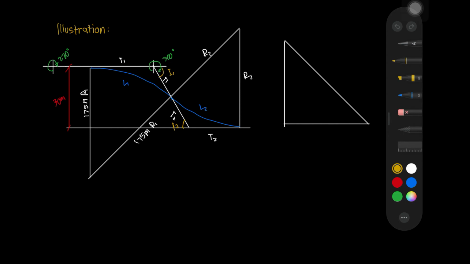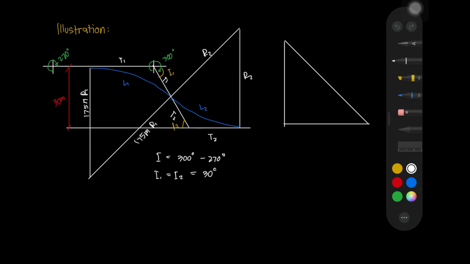Since we have our back tangent at 270 degrees and a 300 degree common tangent, we can get the I. So I is equal to 300 degrees minus 270 degrees. So I1 is equal to I2, which is equal to 30 degrees. Now since we already have I1, we can get the R2 if we have T2.